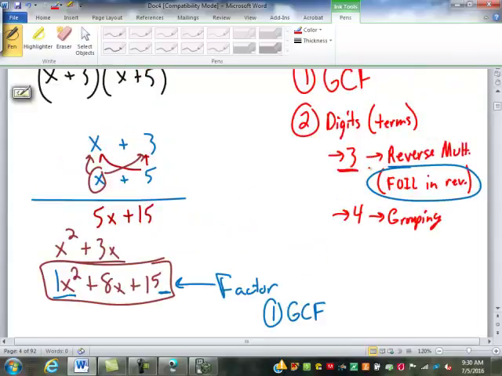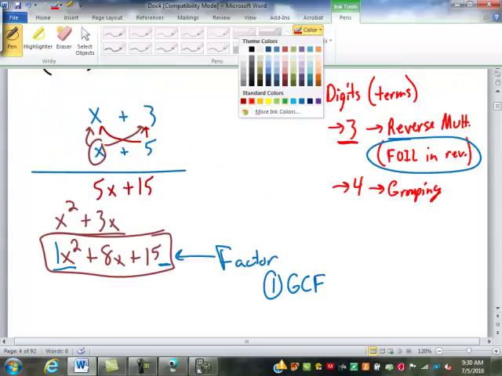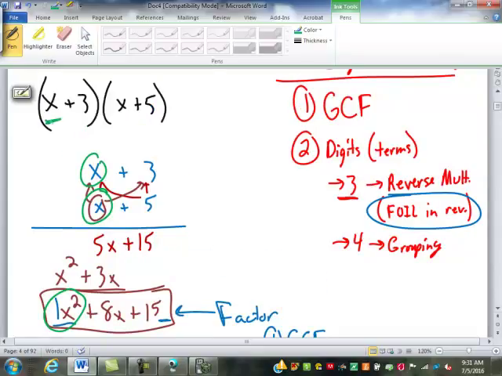This has 3 digits, so we're going to try to do reverse multiplication. Now if we look up here, where did this first digit come from? It came from multiplying the x times the x, right? Came from multiplying the first digit in each of the two numbers.